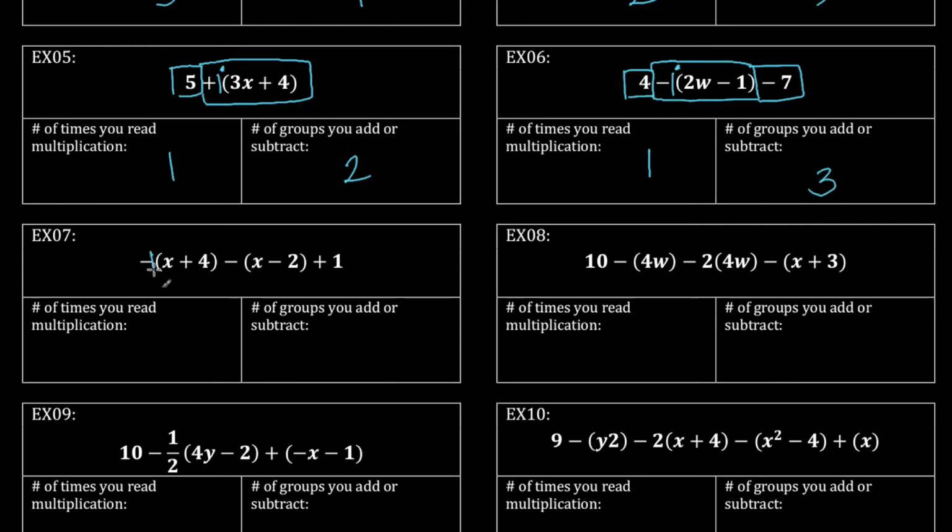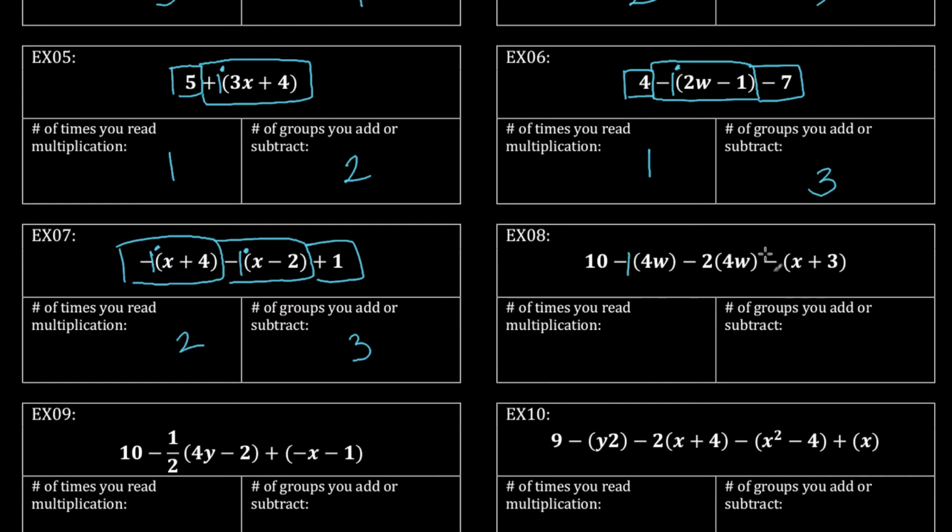Let's put on our 1s right here and right here. So we start off with negative 1 times x plus 4 minus 1 times x minus 2 plus 1. So we start off with this negative 1 times x plus 4, and then we take away x minus 2, and then we add 1. So we have 2 multiplications, 3 groups.